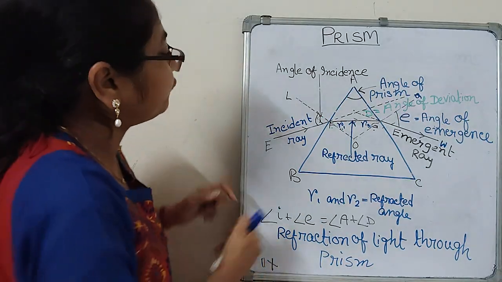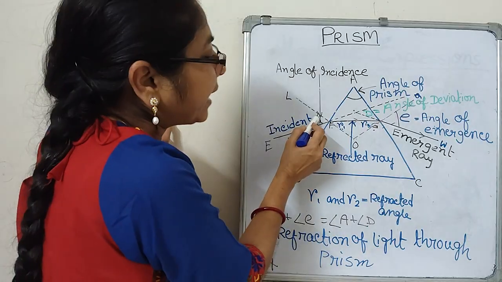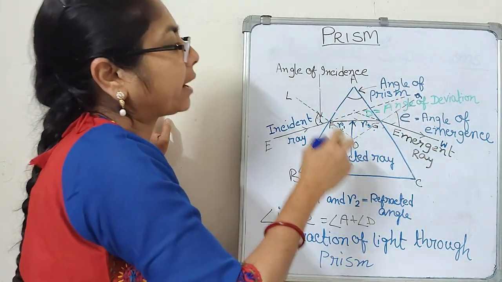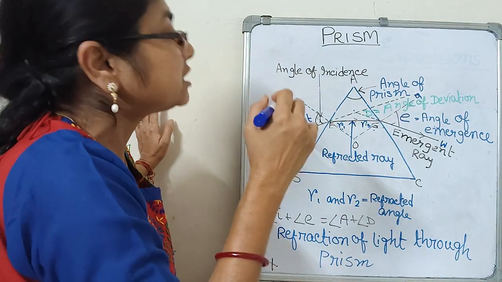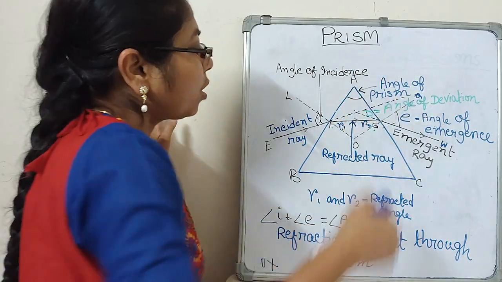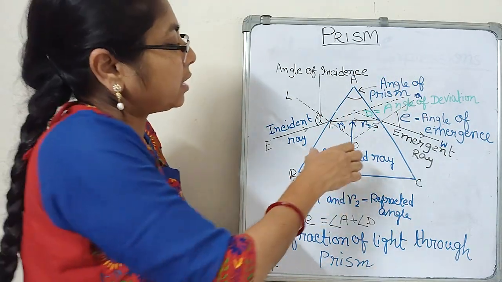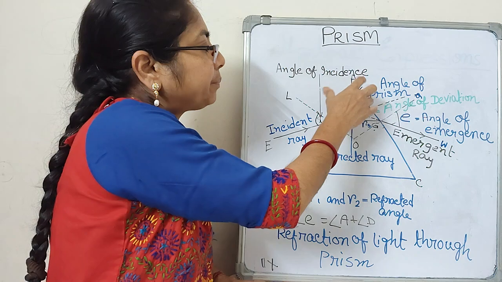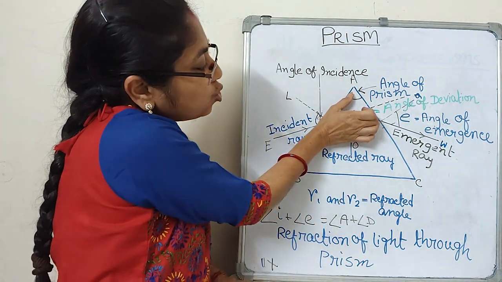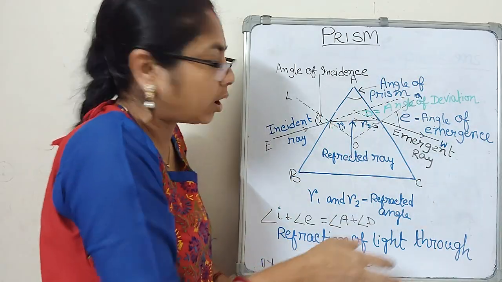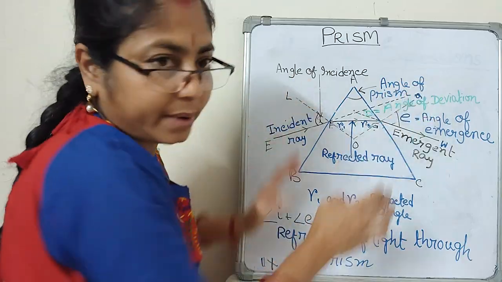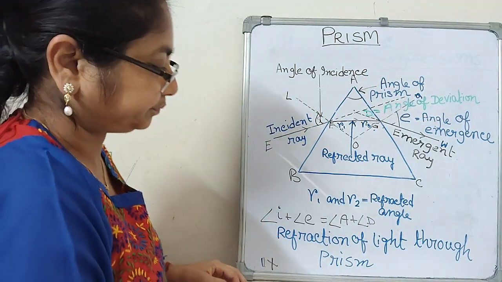So angle of incidence plus angle of emergence is equal to angle of deviation plus angle of prism. What is the angle of prism? At the top side, the two sides of the prism make an angle. It is called the angle of prism. So angle of incidence plus angle of emergence equals angle of deviation plus angle of prism. It is the main thing.